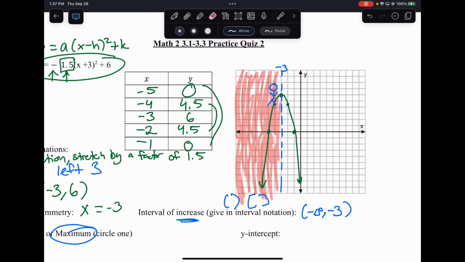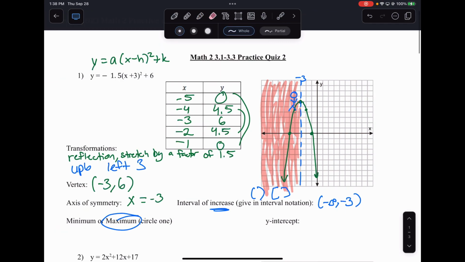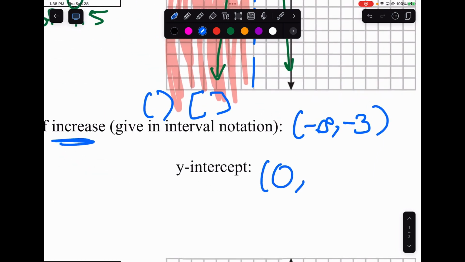Now, in standard form, the y-intercept is super easy. However, in vertex form, what you need to do is plug in 0 for x. And really, plugging in 0 for x is the way you can find your y-intercept on any function. If you plug in 0 for x, whatever you get as your output, that is your y-intercept.